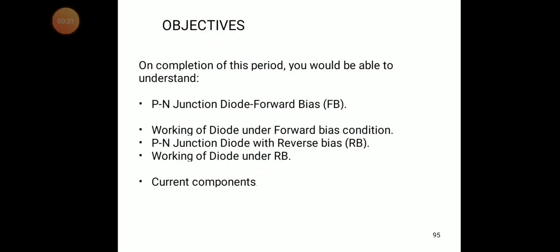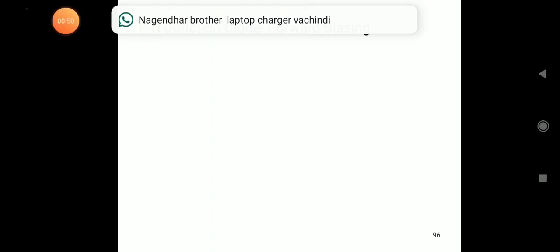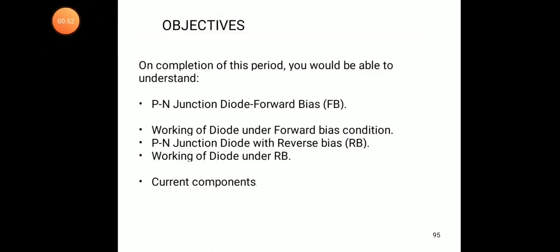The objectives of this class: on completion, we should be able to understand the PN junction diode forward bias, that is, FB.